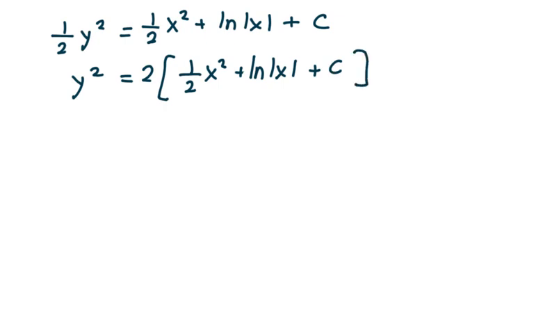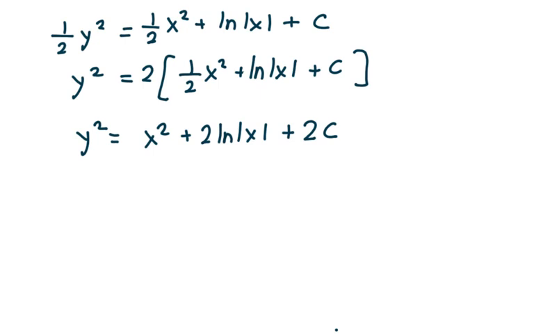So again, 2 is on the outside, and 1/2 x squared plus ln of the absolute value of x plus c is on the inside. Now I get to distribute. So y squared is x squared plus 2 natural log of the absolute value of x plus 2c.